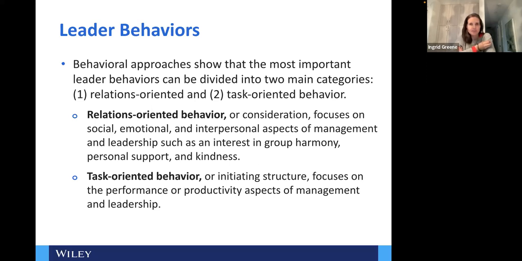We want a manager who's interested in group harmony, personal support for the individual, kindness, etc. Those are the best managers and the people that we want to work with. Task-oriented behavior is also important, because this is how we get things done: initiating structure, focusing on productivity. So there has to be a balance of these two things.